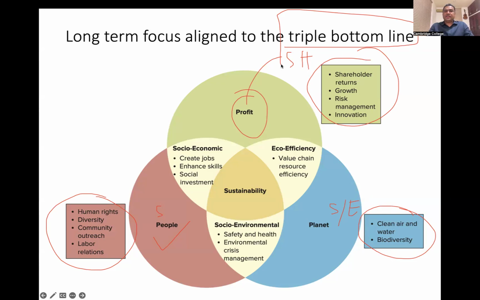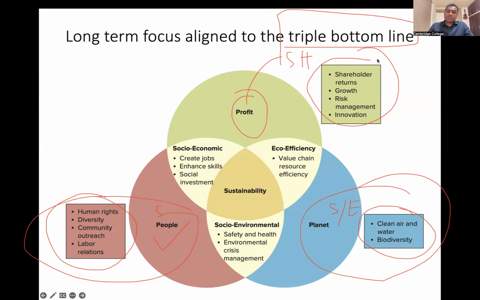Now, the challenge here is, I'll tell you the practical challenge, because I've also tried to practice the triple bottom line in organizations. The problem most often is to spend money on the environment and social initiatives and to balance your profitability to your shareholders, because shareholders sometimes don't see these as important investments.